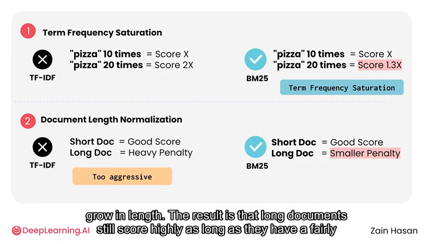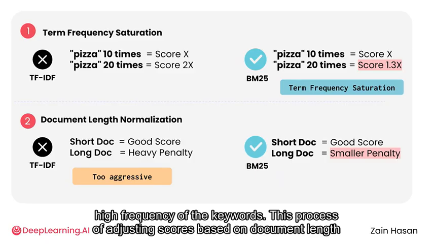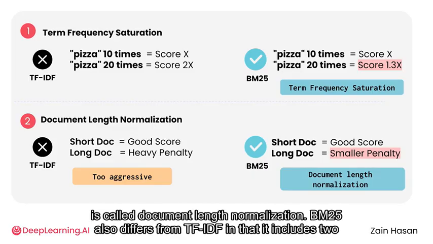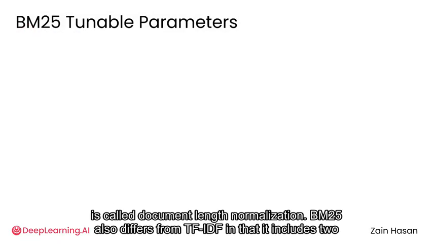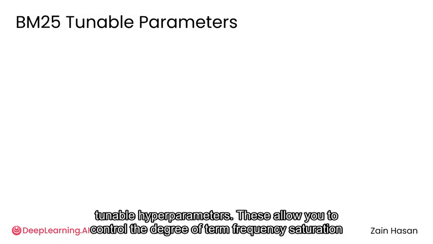The result is that long documents still score highly as long as they have a fairly high frequency of the keywords. This process of adjusting scores based on document length is called document length normalization. BM25 also differs from TF-IDF in that it includes two tunable hyperparameters.